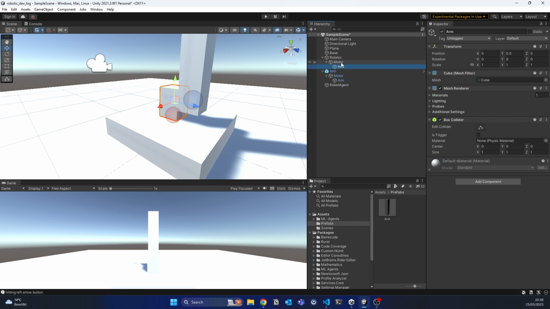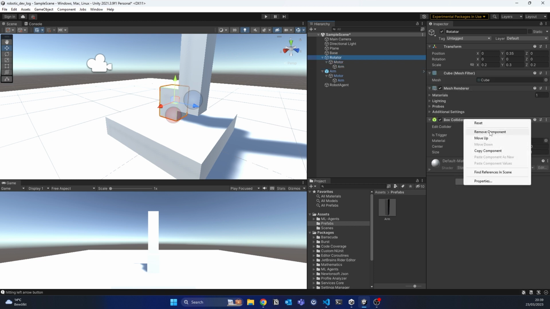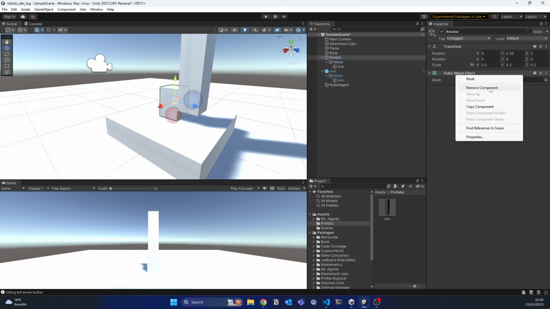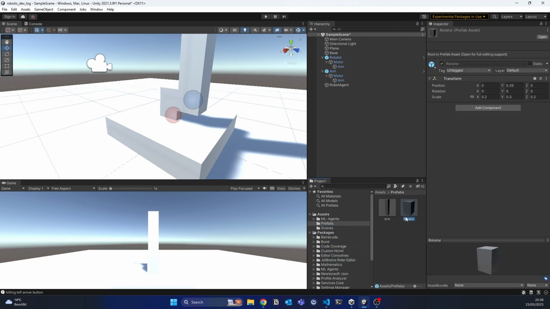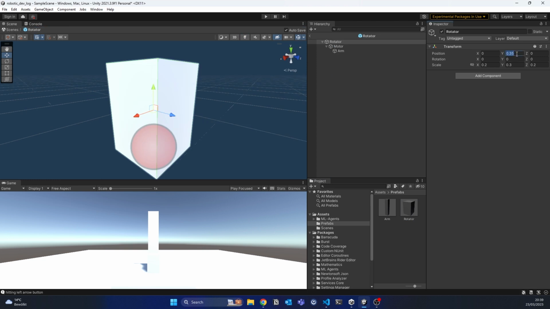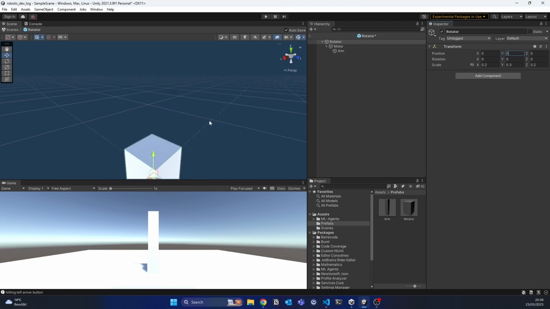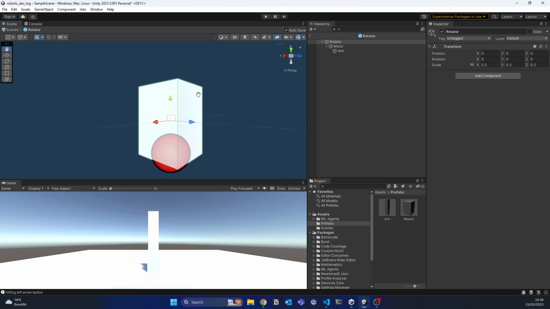Okay, also part of the motor. This guy doesn't need a mesh. Okay, so this is our object. Cool. Okay, so then let's create a prefab from this. This is it. Probably have to bring it to 0, 0 for a second.